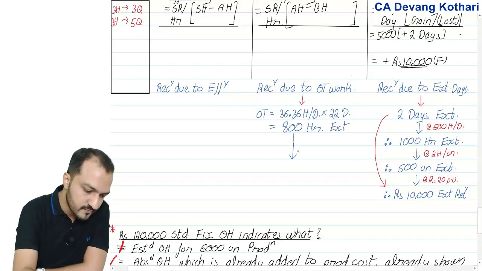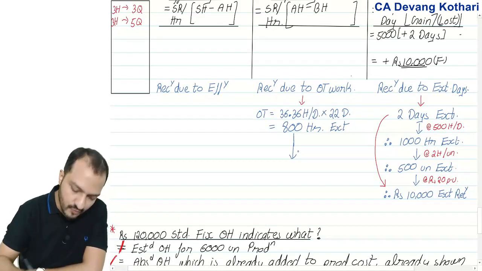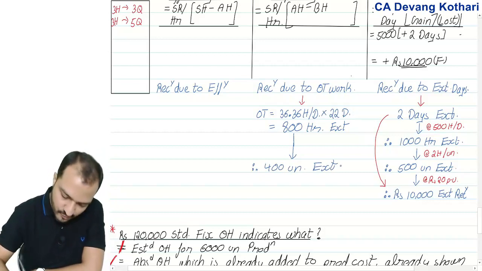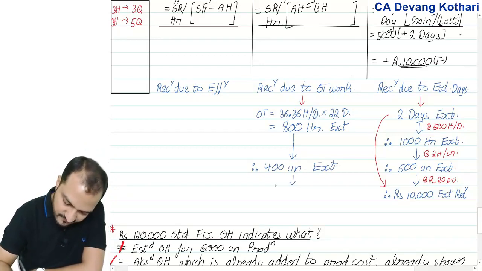would have given you, divide by 2, 400 units extra. And that 400 units extra would have given you recovery at the rate 20 per unit.